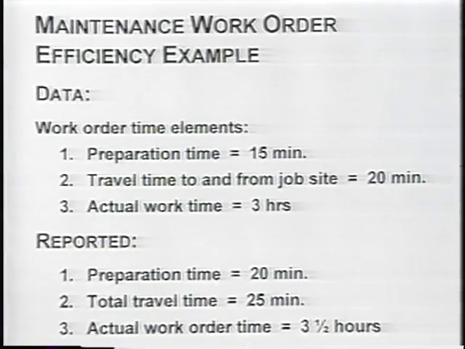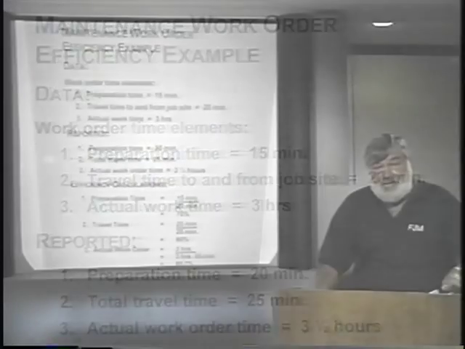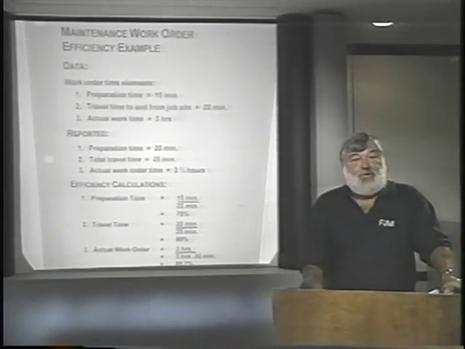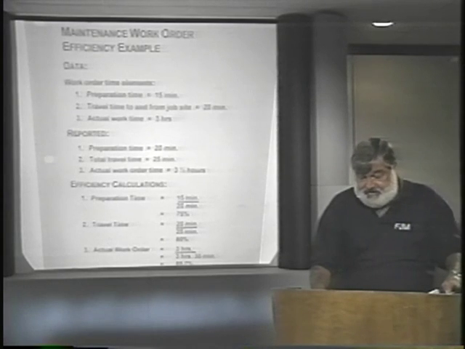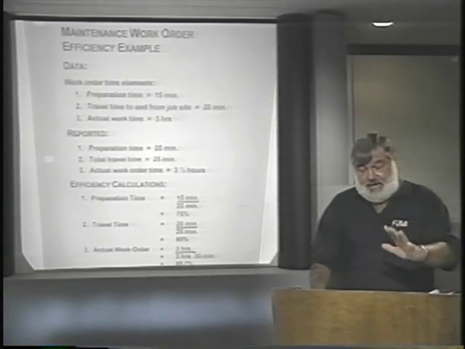The prep time is 15 minutes, travel to and from is 20, and the actual work is 3. When I receive the order back from the craft person performing that PM activity, the planner scheduler will feed that data into the system that will generate the efficiencies and also the utilization analysis, which is on page 6.